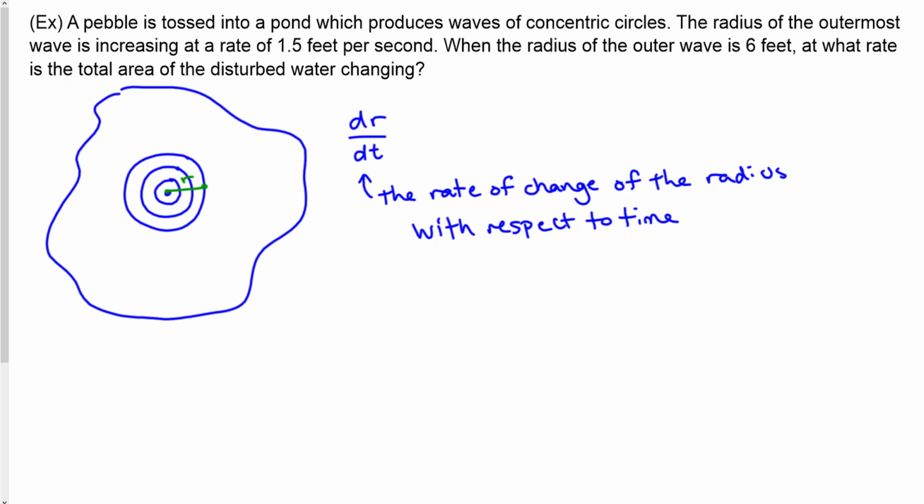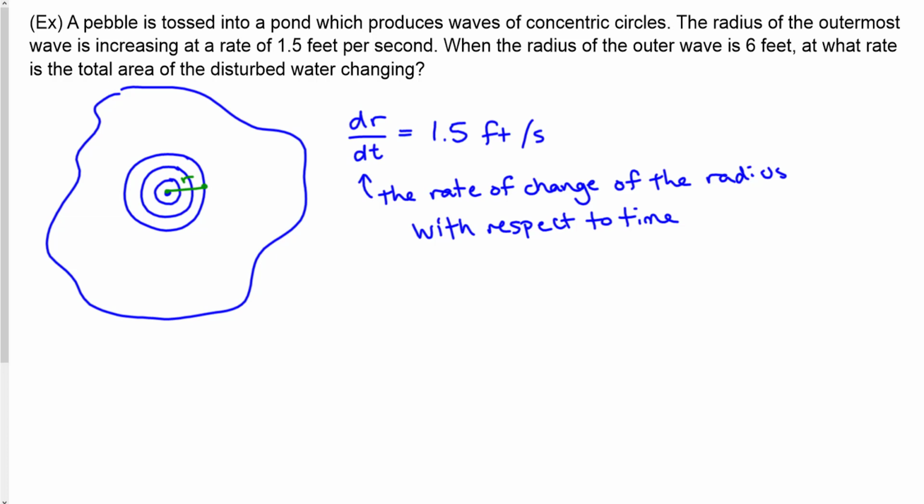So the radius, we are told, is increasing at a rate of 1.5 feet per second. So this is 1.5 feet per second. Okay, so in 1 second, the outermost wave is 1.5 feet from the center point.